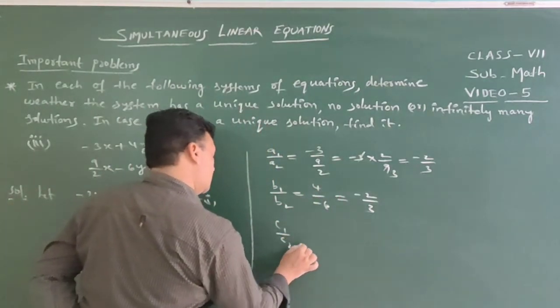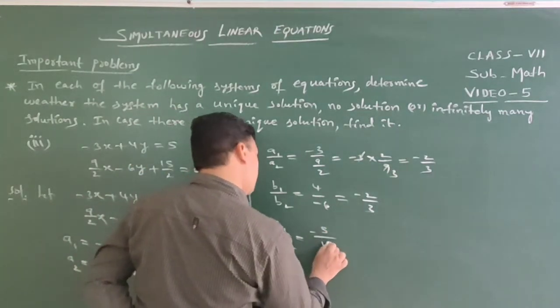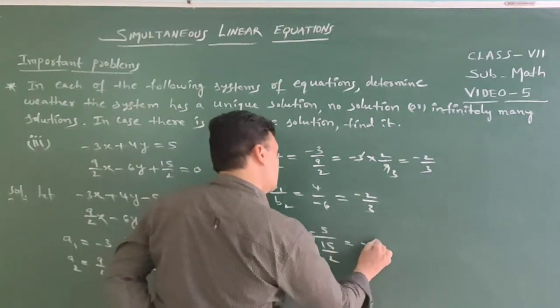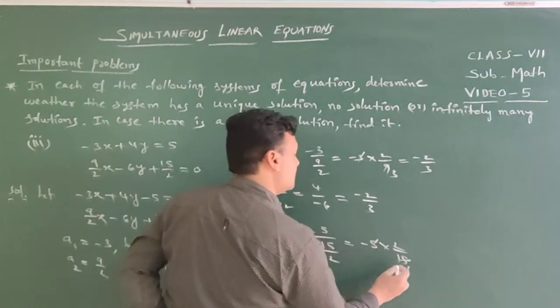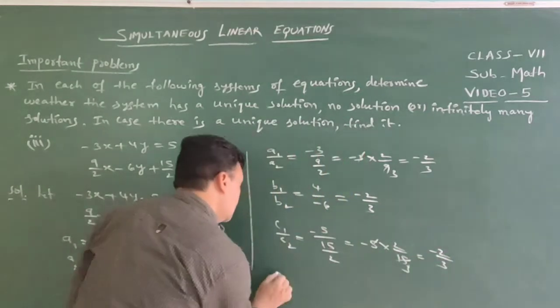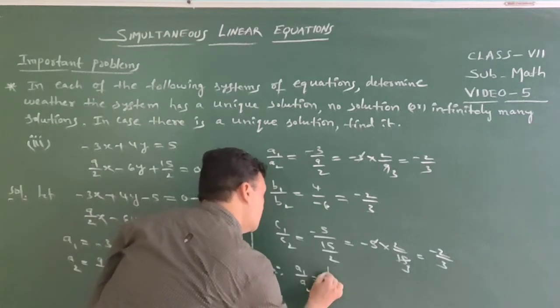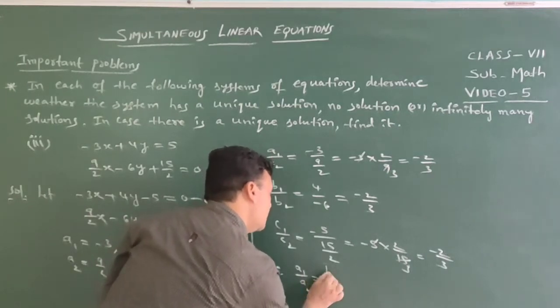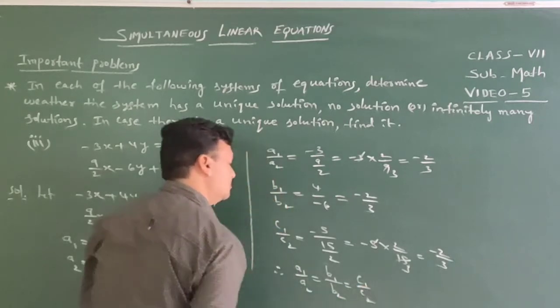C1 by C2 equal to minus 5 by 15 by 2, minus 5 into 2 by 15, here also minus 2 by 3. Therefore, here A1 by A2 equal to B1 by B2 equal to C1 by C2.